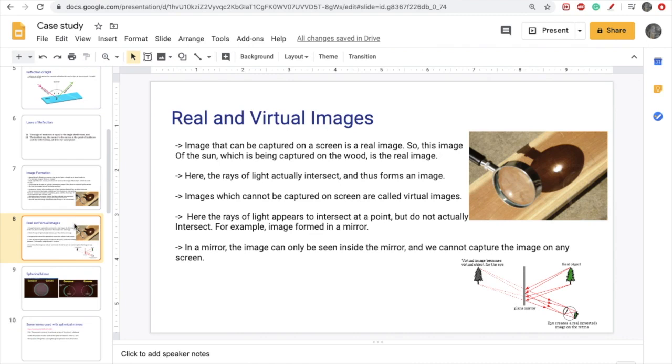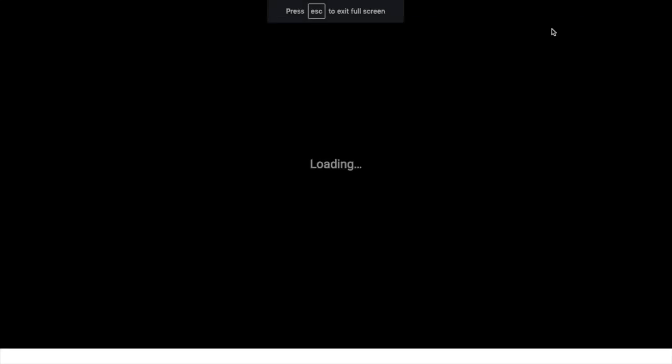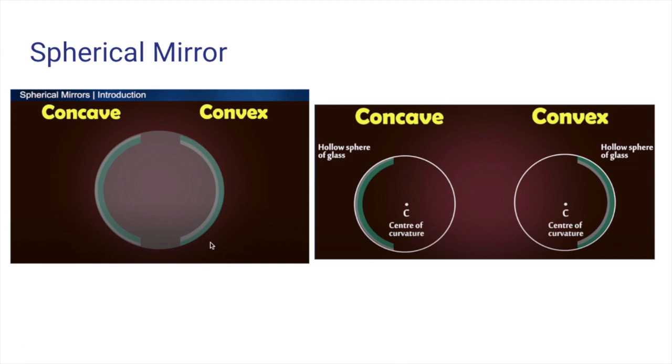Now that we have seen what image formation is, and what are real and virtual images, I think we can go and look at spherical mirrors. Let us assume this is a hollow glass sphere. What we will do is cut it in half, and for one part we will silver the outer surface, for the other part we will silver the inner surface.